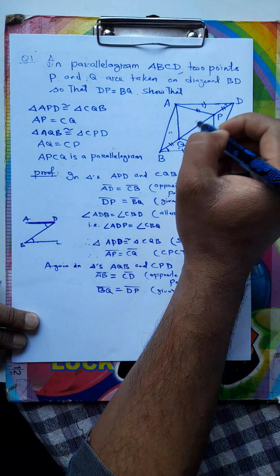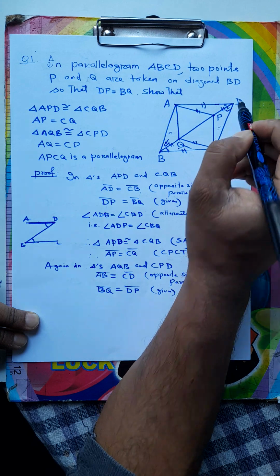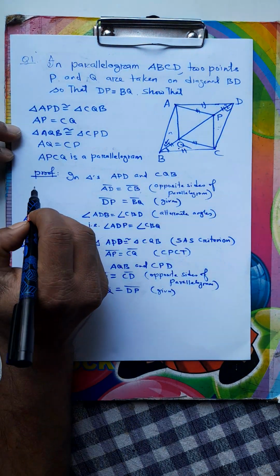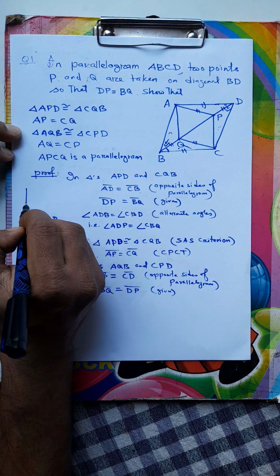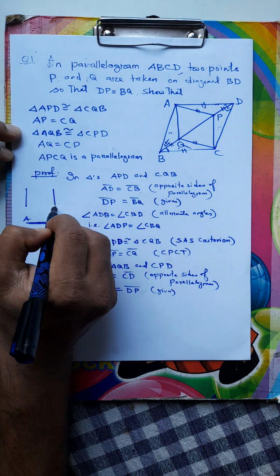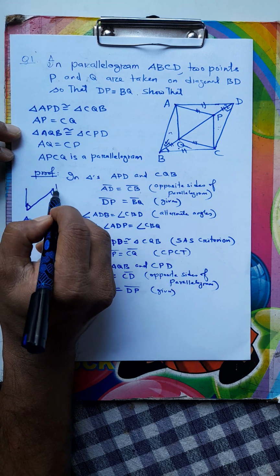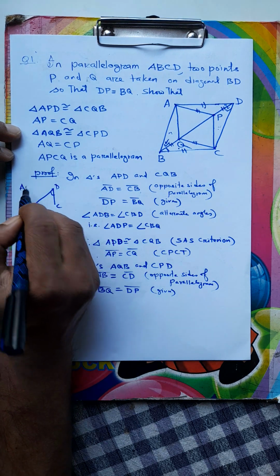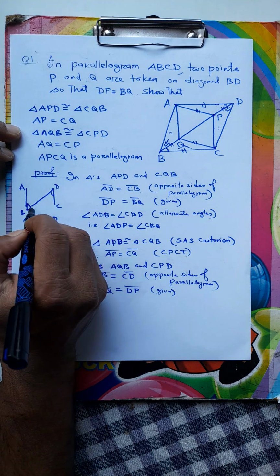Then you find these two angles are equal since they are alternate angles, right? So if you want to draw it separately, then you find that these two angles are equal. This is D, C, A, B. Angle ABD equal to angle CDB.